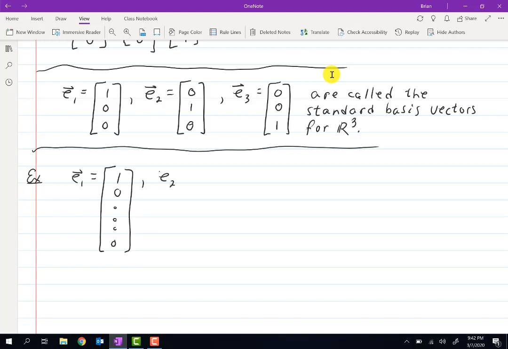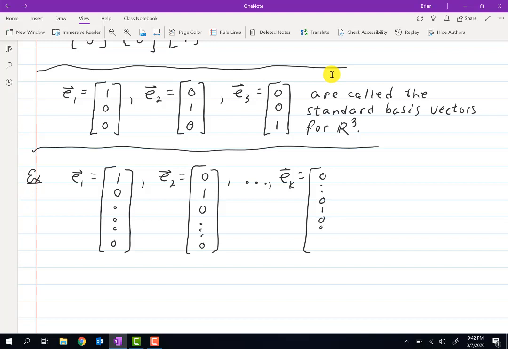E2 equals 0, 1, 0, dot, dot, dot, 0. So there's a 1 only in its second component. You could look at E sub k. That's where you'll have zeros up to a spot, and then zeros all the rest of the way.